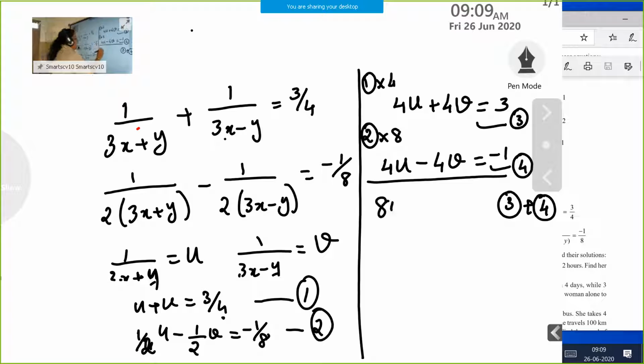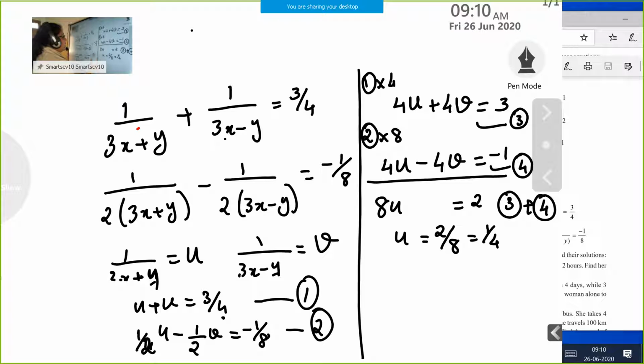That is 8u is equal to, this term is 0, minus 4 plus 4 is 0, is equal to 3 plus minus 1, that is 2. u is equal to 2 by 8, that is equal to 1 by 4. That means u is equal to 1 by 4.